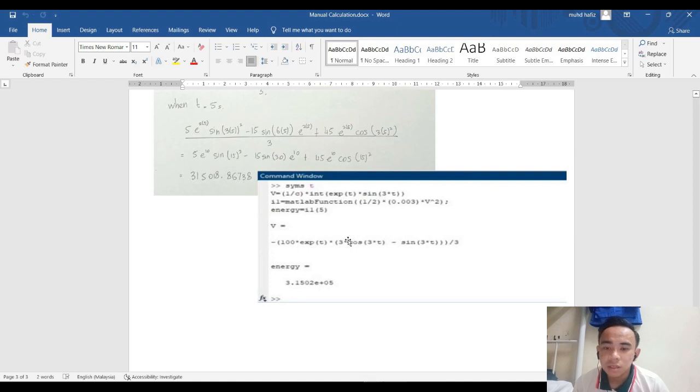For the MATLAB equation, we get this. It is the same answer. It looks different because it is 3.1502 times 10 to the power of 5, and it is the same answer.